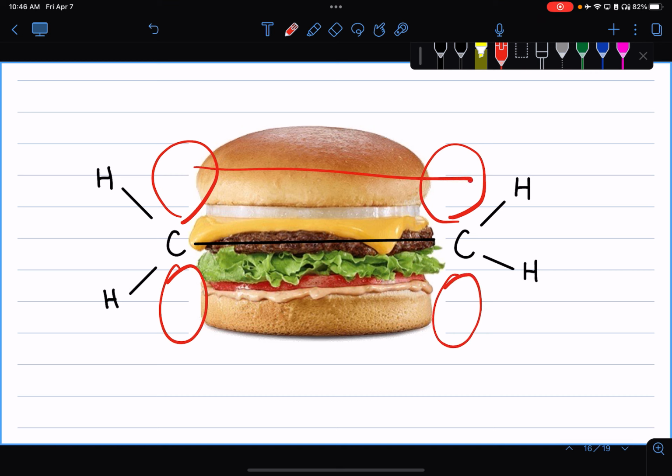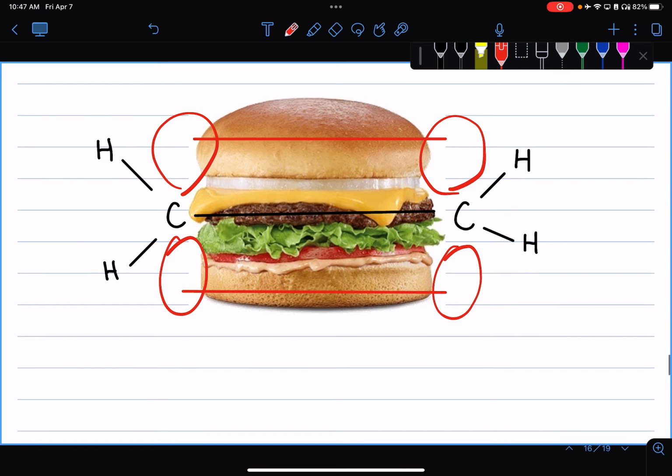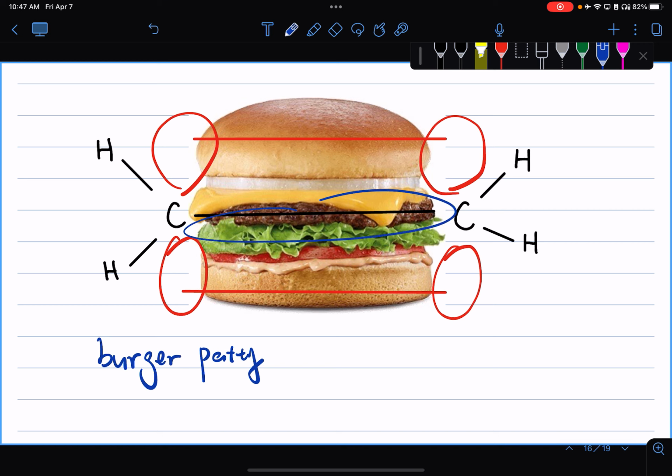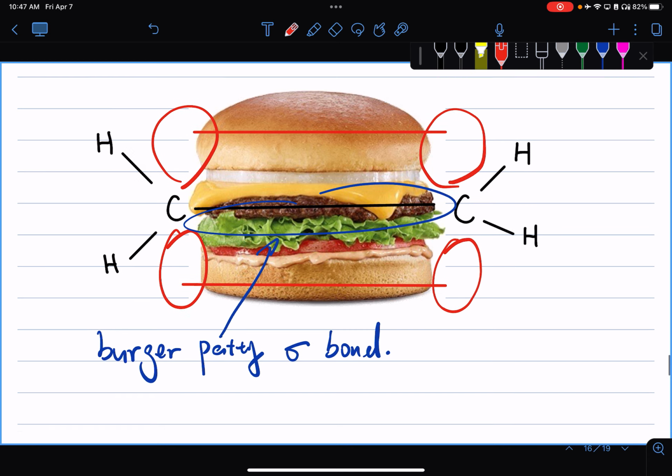If this burger is our chemical bond, then the burger in the middle is my sigma bond, and both pieces of bread, on top and below, are our pi bond.